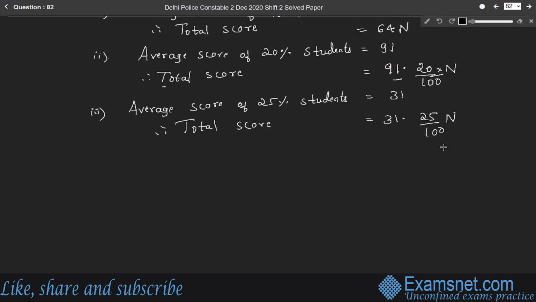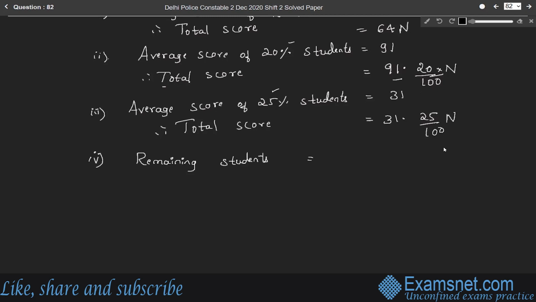So in the fourth part, what is the number of remaining students? Remaining students is equal to, so 20%, 25%, right? Then what is the percentage of remaining students?